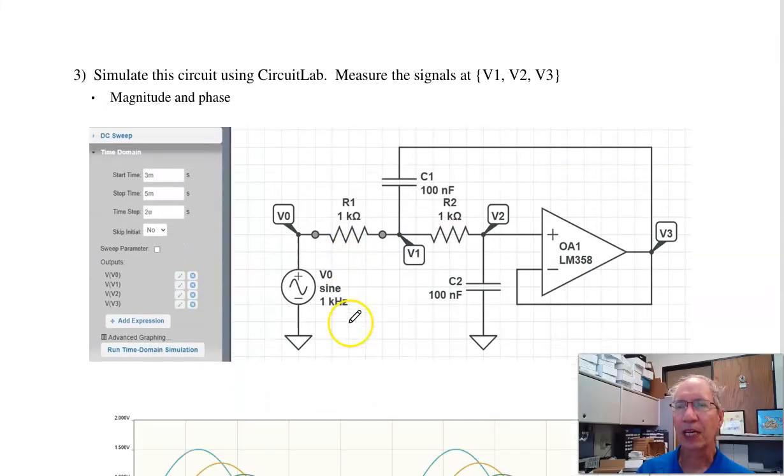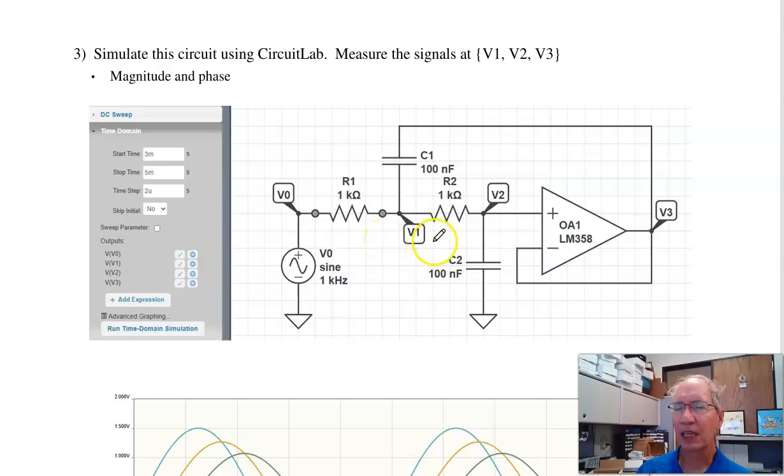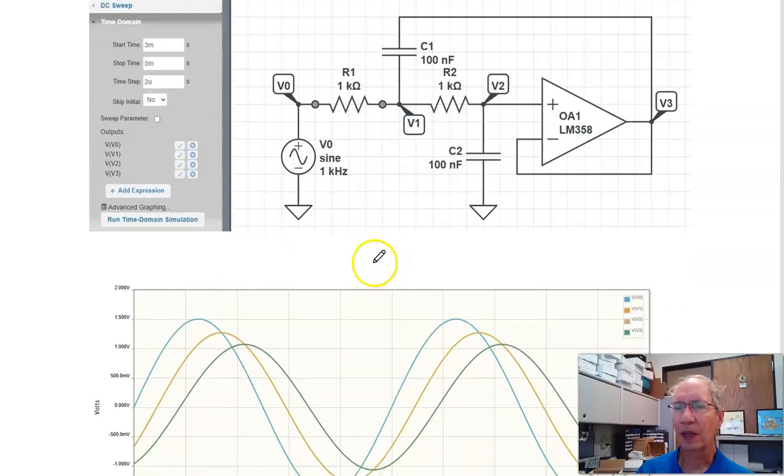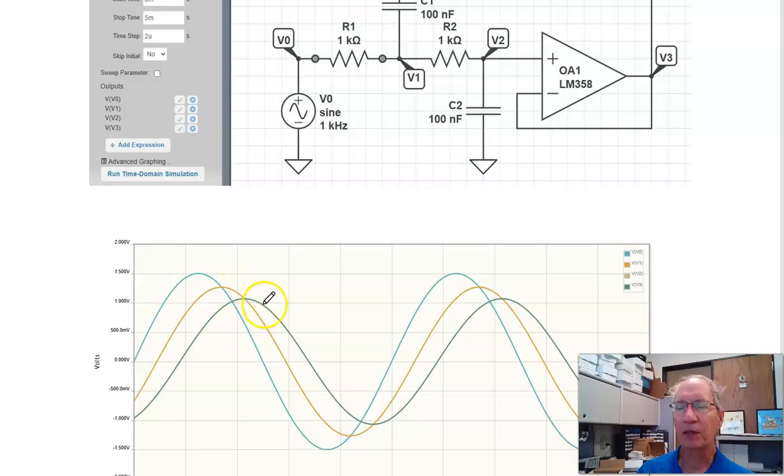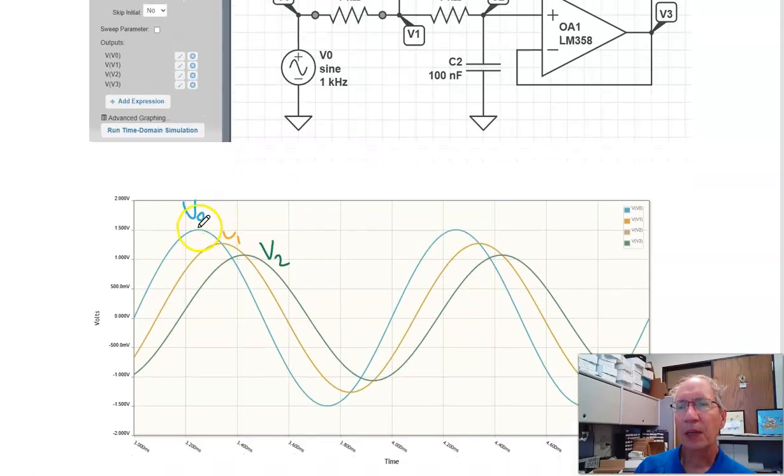So if I go into CircuitLab, build this, and then simulate it, here's your V0, V1, V2. Note that the peak matches the calculations. This is the peak of V0, 1.5 volts, V1's peak, V2's peak. And the angle is the delay.